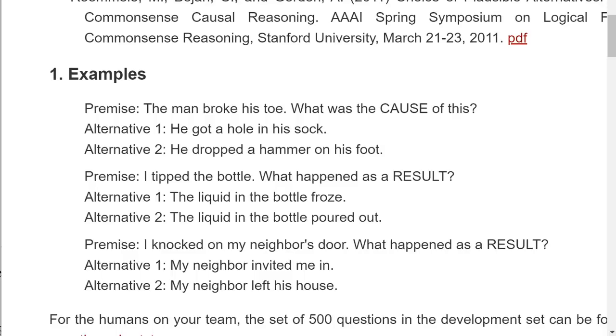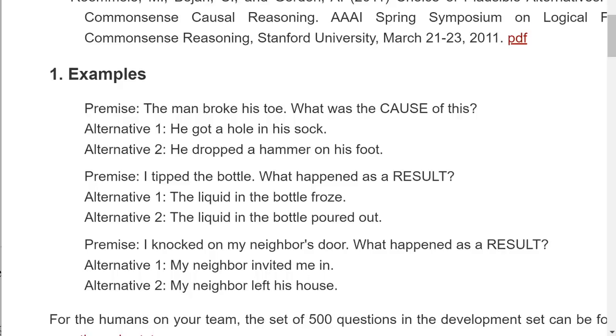And the way you phrase it in this model is you would give the premise as the context, and then you simply ask the model, since it's a language model, which of these two things is more probable to come. And of course, it is going to select the thing that happened more often in the training data. The cause of breaking his toe, that is a hammer.